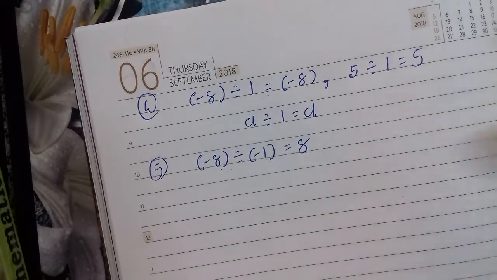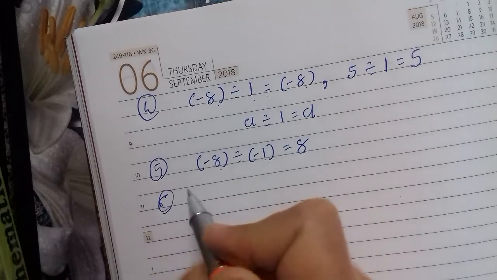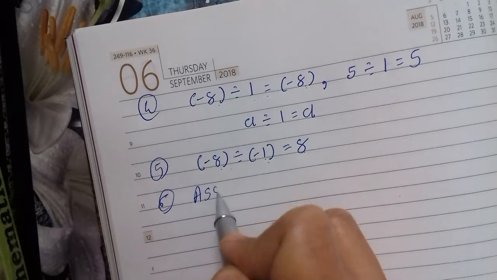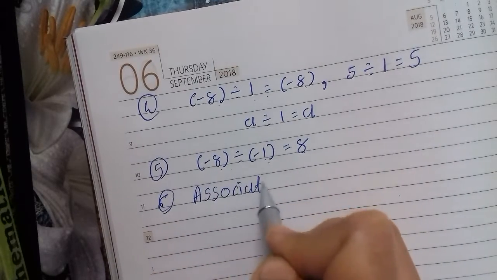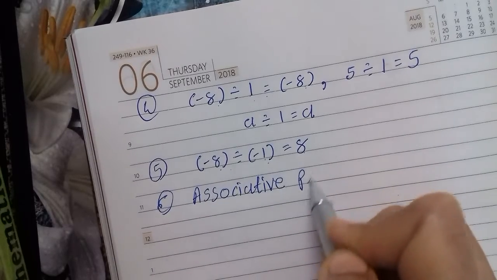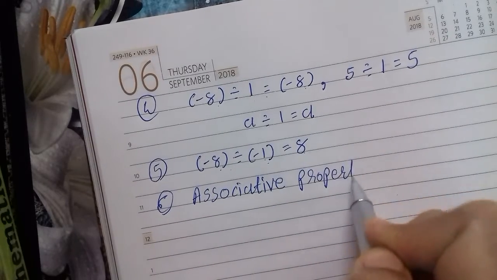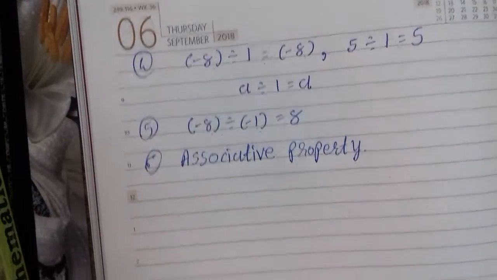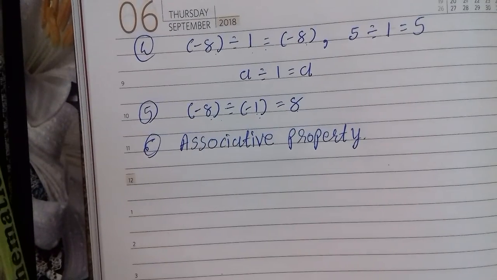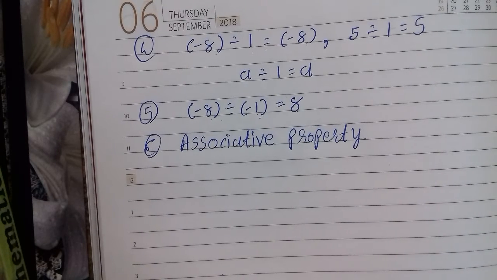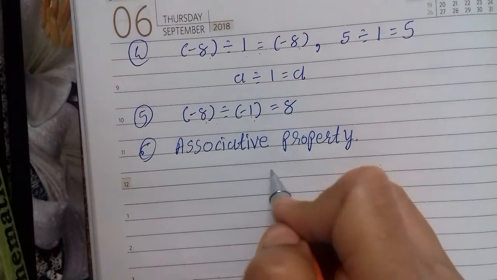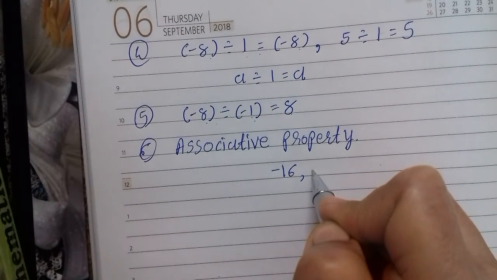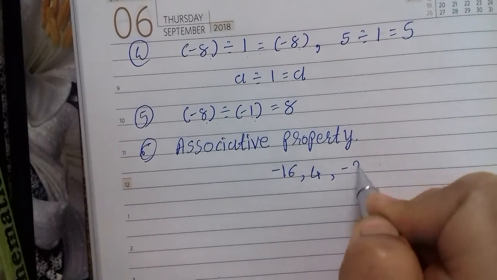Next, associative property. Consider three integers: minus 16, 4 and minus 2.